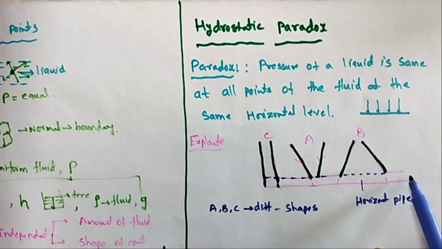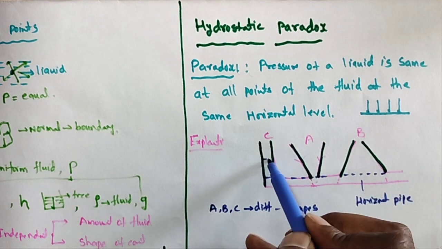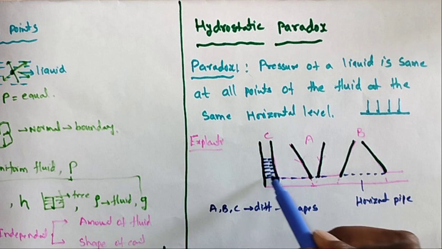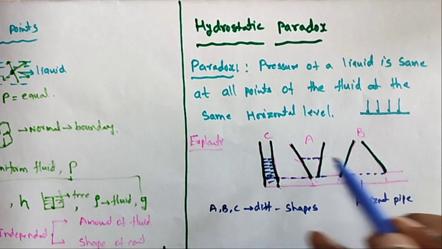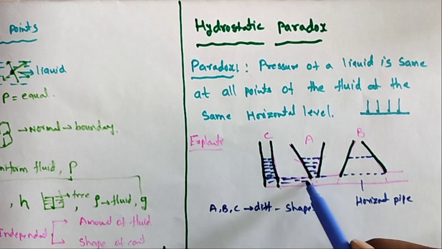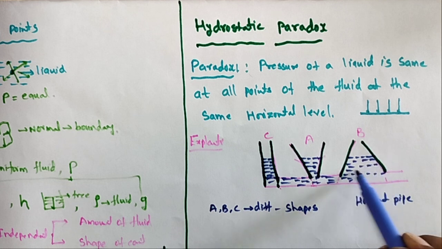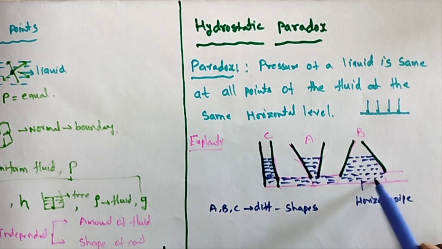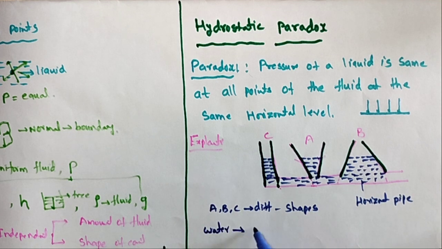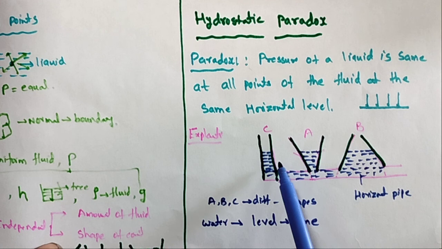Through this horizontal pipe, the water is flowing. I am assuming this is the water level in the different shapes of vessels, completely filled with water.